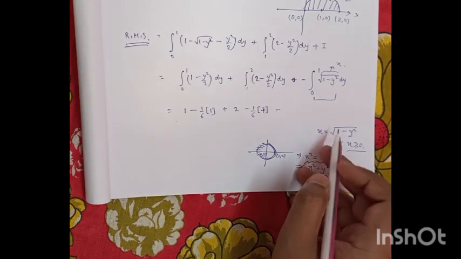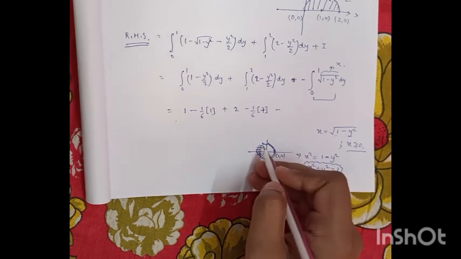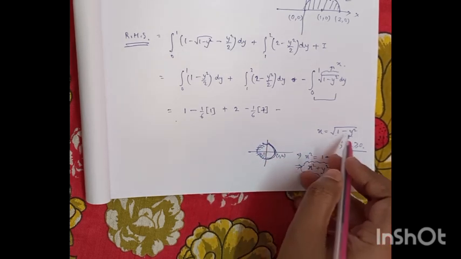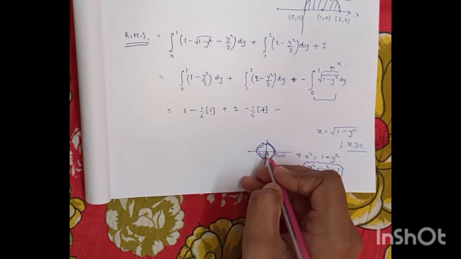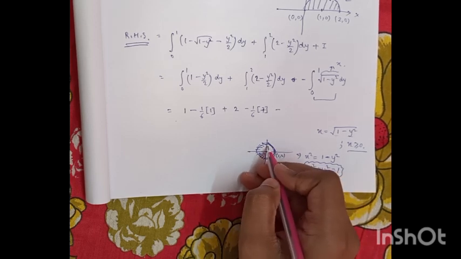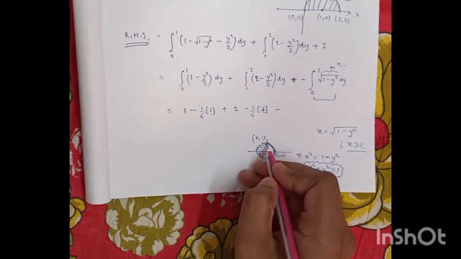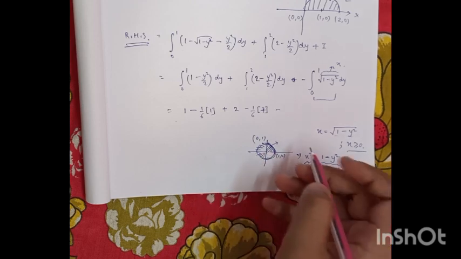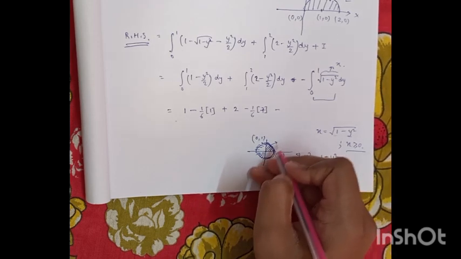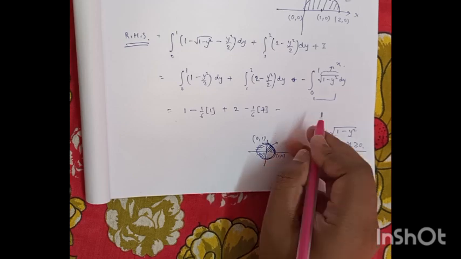So we have to evaluate the area of the part which is going from y equal to 0, from here to y equal to 1 here. So the area required will be the area of this shaded region. What is this? This will be equal to 1/4 of the area of the total circle. So it is pi r square divided by 4.